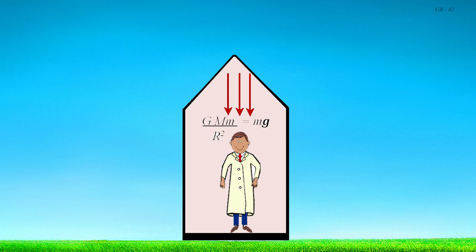It would, in the Newtonian sense, act on every molecule of their body in the same direction and produce the same acceleration, and there would be no sensation felt from any nerves of their body. However, what they will feel is the normal reaction of the floor pushing up on their feet, and it is this that will give them the sensation of their weight.